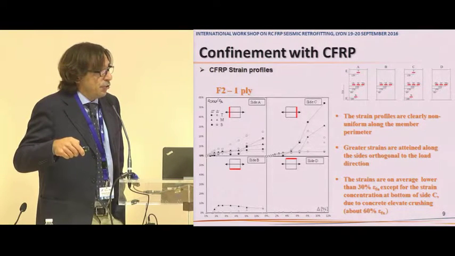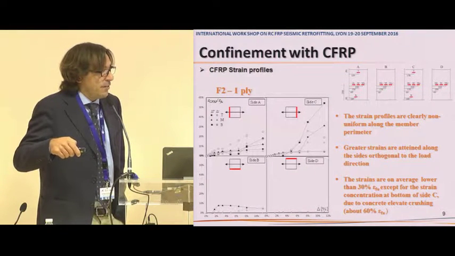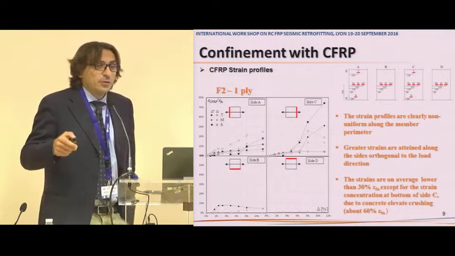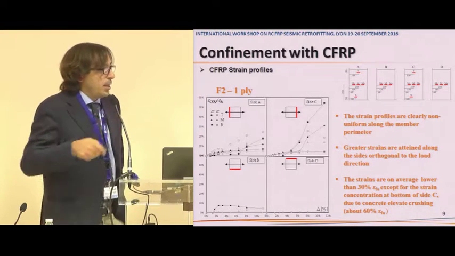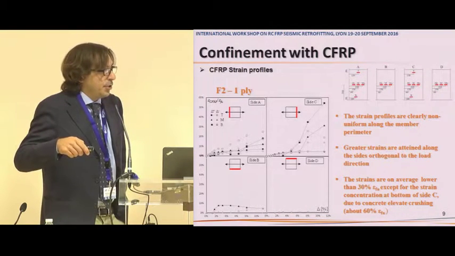What we have here is the ratio between the strain recorded on the FRP divided by the ultimate strain of the FRP. So what we can see is that on average, even when the displacement was a high level of displacement, the strain in the FRP was on the average about 30% of the ultimate strain, and then the maximum value were reached on this side when concrete started to push FRP because the internal concrete crushing was attained.